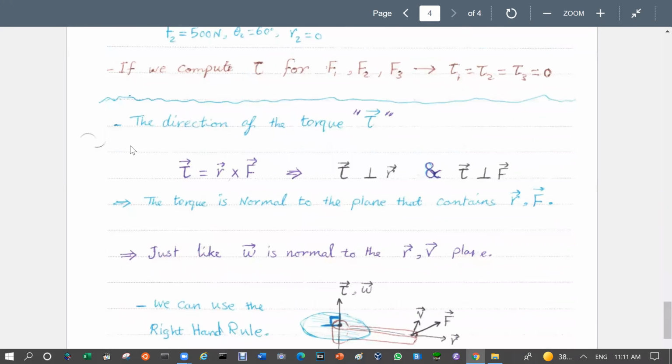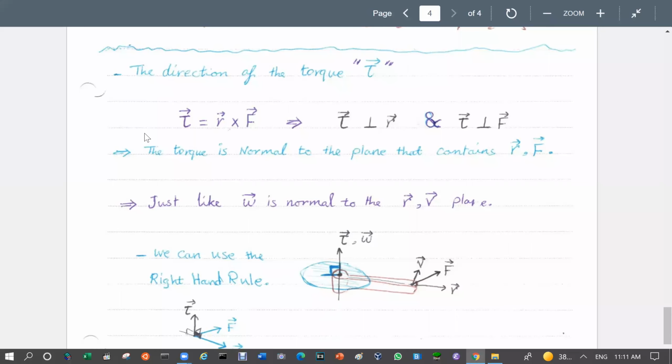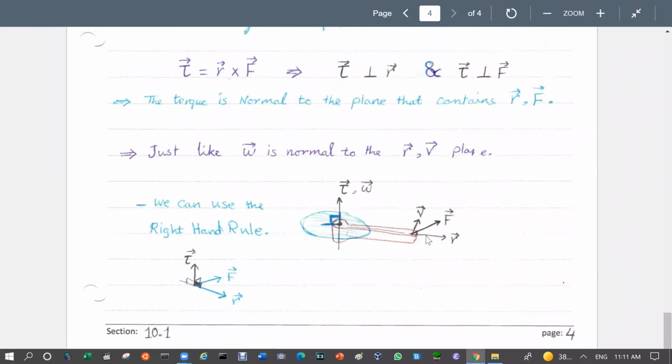Okay, this is the last thing. The torque has a direction. If we have a force, this force has an angle between the force and the radius R. This is a rotating object. It will rotate with a velocity, which is a tangential velocity.